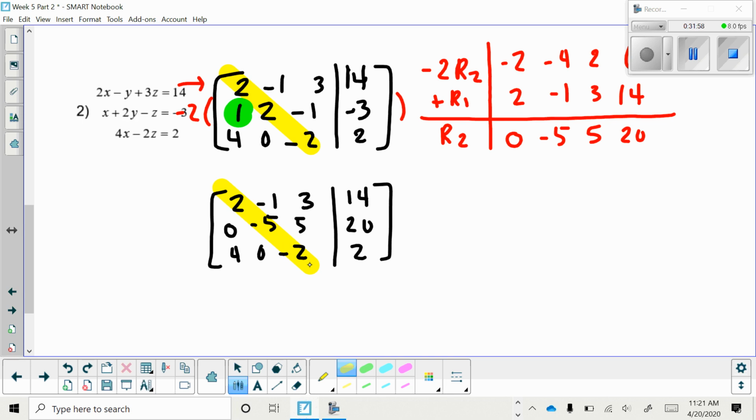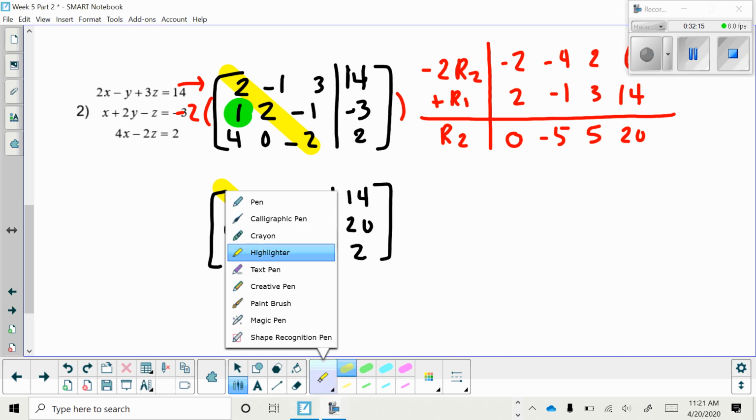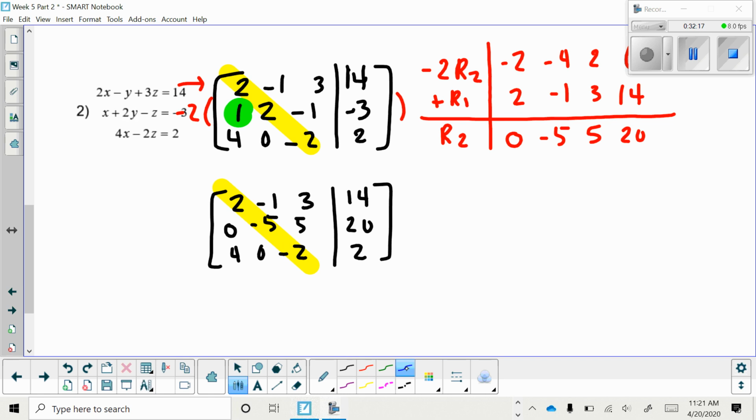So now we go to the next part of our steps. Go back up and read step 3 to yourself. It says to use row operations on row 2 and row 3 to get zeros under the second diagonal entry.